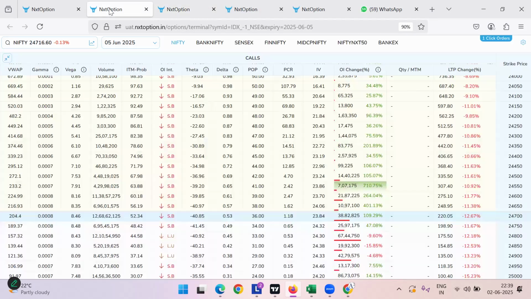Now this same data will be visible for you. You don't have to go to the chart and see that. You can see that at that point of time, VWAP would have been 191.